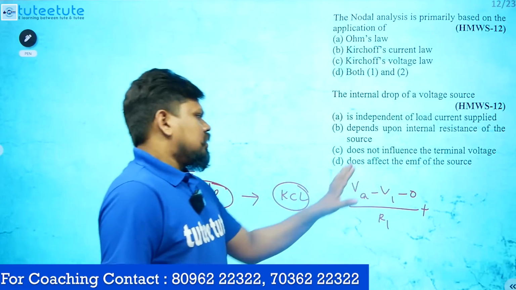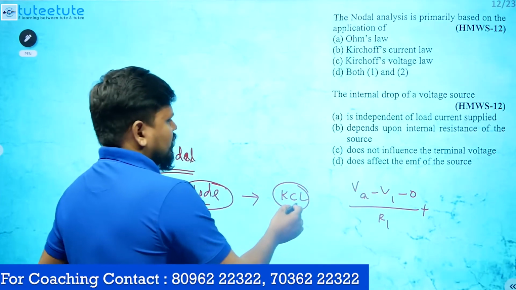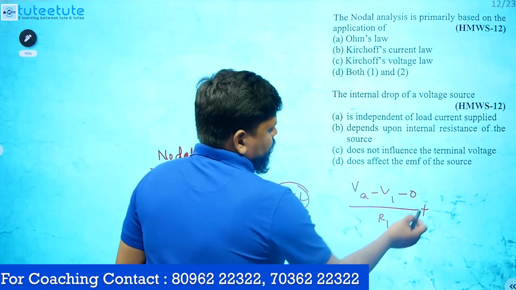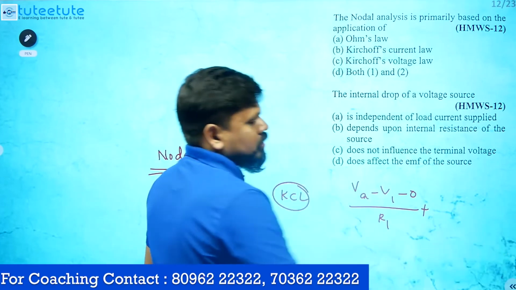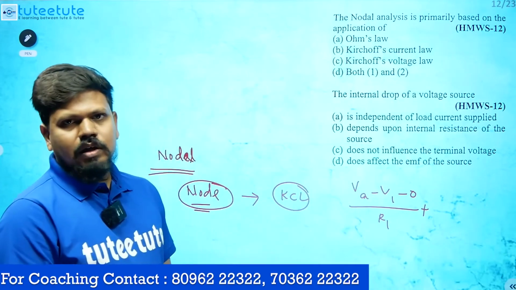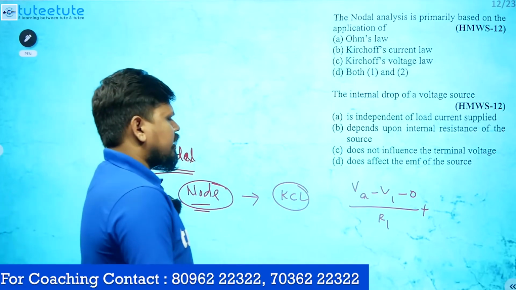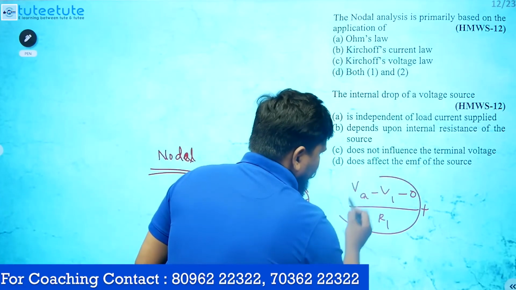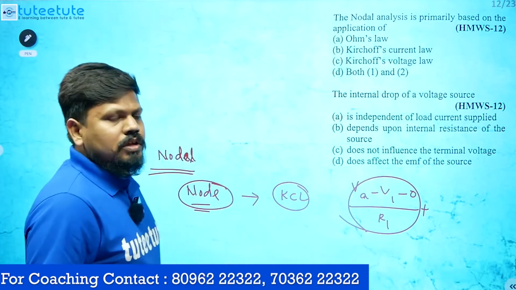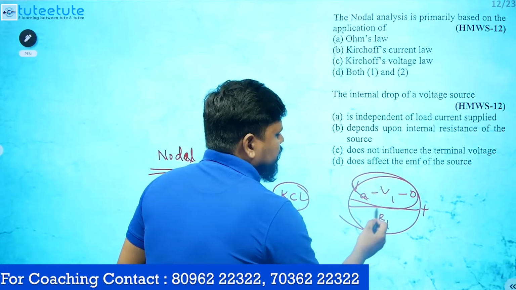That means the voltage equation is the current equation only. First current plus second current plus third current, all the currents equal to 0, like that we used to do. Understood? This is current only, but we are not using it directly. How are we writing it? Voltage divided by resistance.